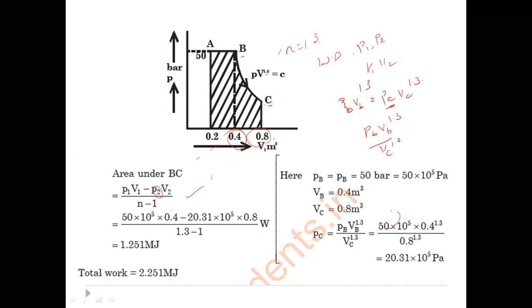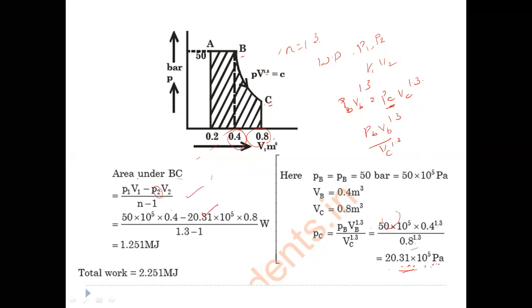PB is given as 50 into 10^5 pascals, the volume at B is 0.4 and the volume at C is 0.8. If you substitute all these values, we will get PC as 20.31 into 10^5 pascals.